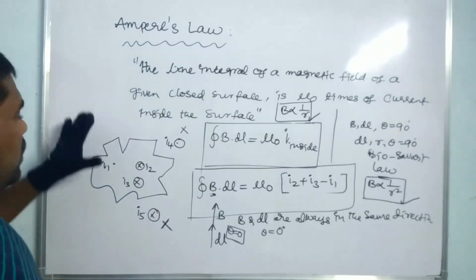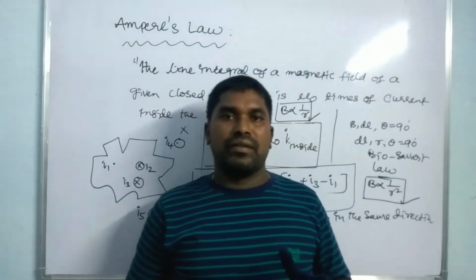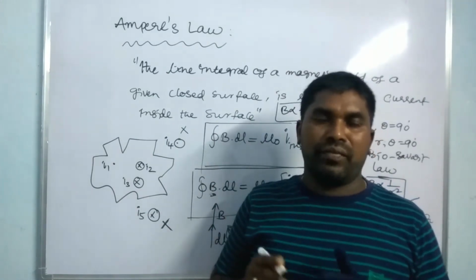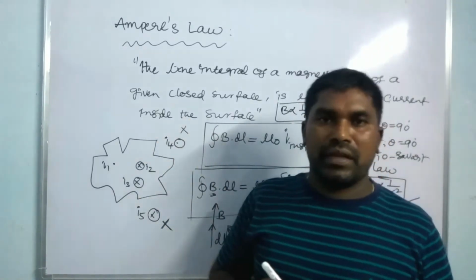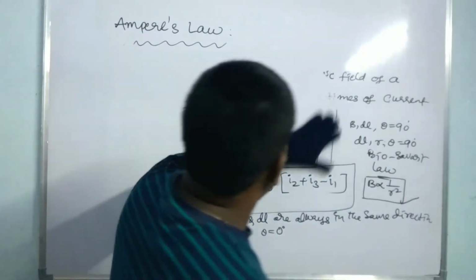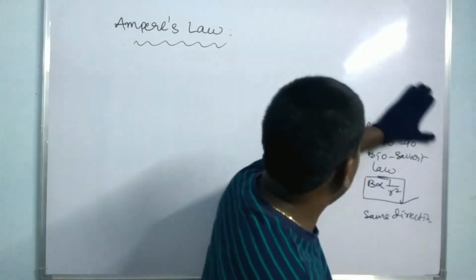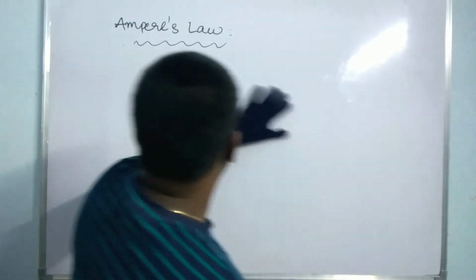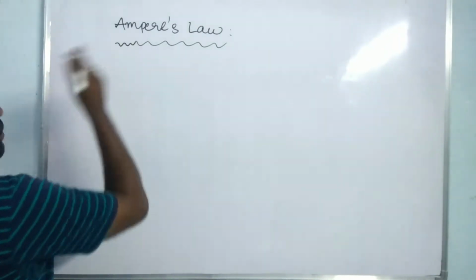Okay, so let us see what is the net magnetic field due to an infinitely long current carrying straight wire by Ampere's law. Here you have to practice more and more times, then only you will get the ideas about Ampere's law and the Biot-Savart law.